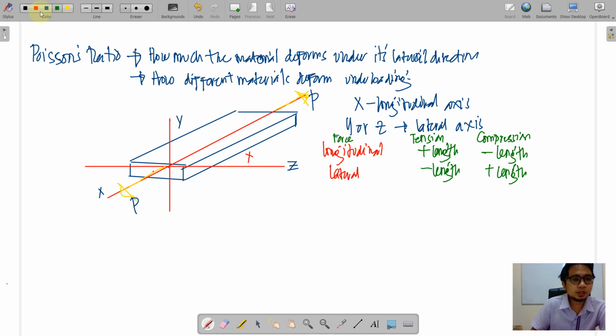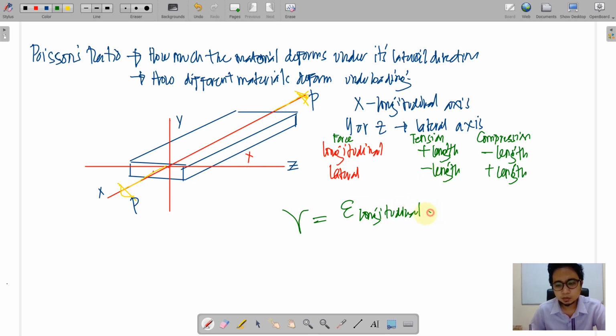Now, the Poisson's ratio is expressed by the strain along the longitudinal direction all over the strain along the lateral direction.